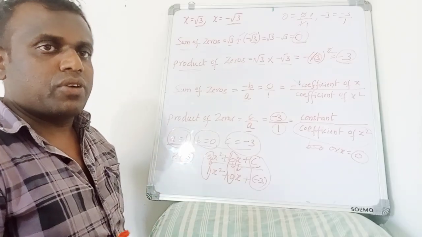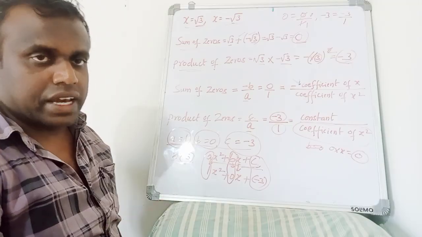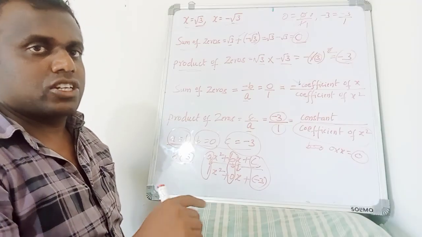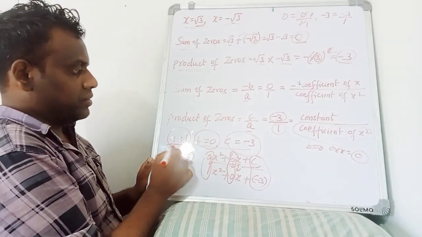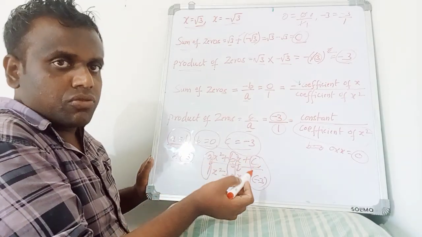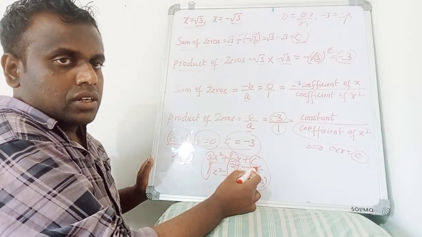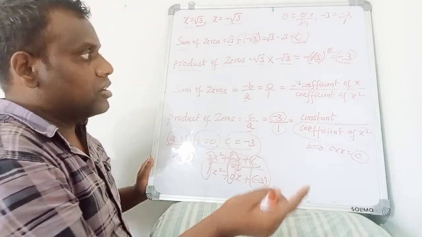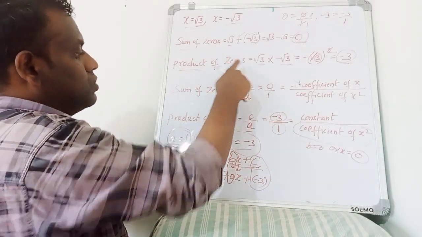The question was find x values. We got the x values. Then verify the relationship between coefficients and the zeros. So we verified. Coefficients are a, b, and c is constant. We have verified whether correct or not using this formula, sum of zeros and product of zeros.